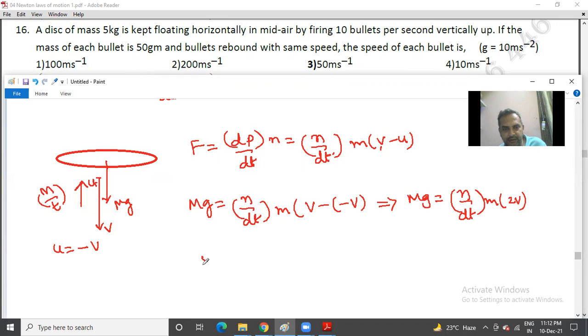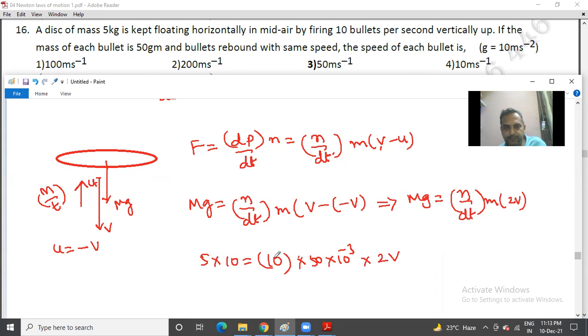Therefore, the mass of the disc is 5 kg, gravity 10, n by dt is 10 bullets per second, and m is 50 grams, that is 50 into 10 to the power of minus 3 because grams is mentioned. We have to find the speed of each bullet.